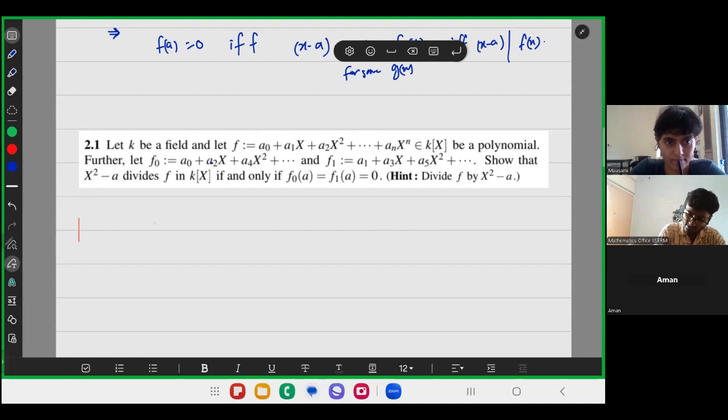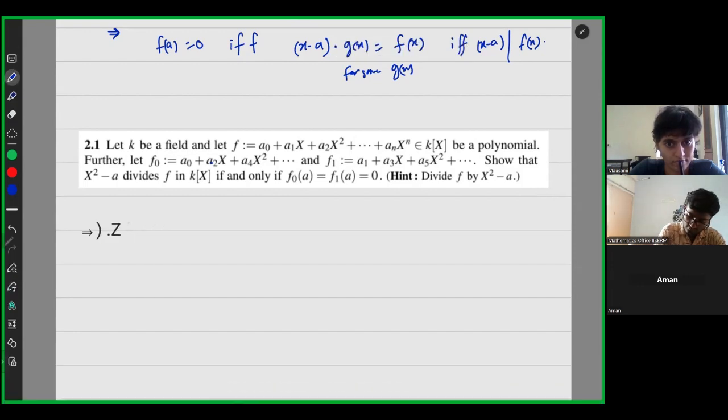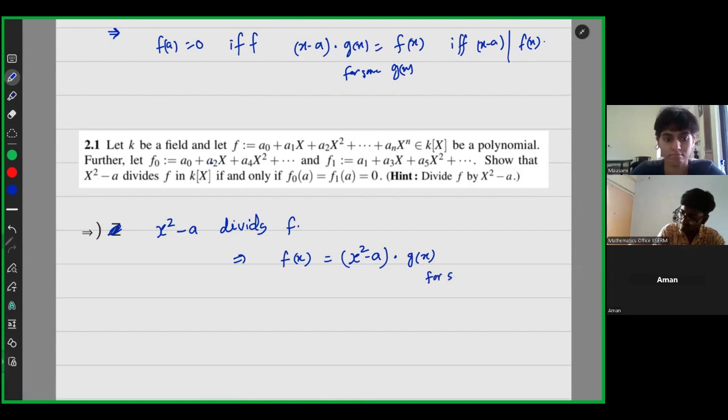If we do it from this side, assuming that x square minus a divides f, this implies f of x can be written as x square minus a times some g of x, right?